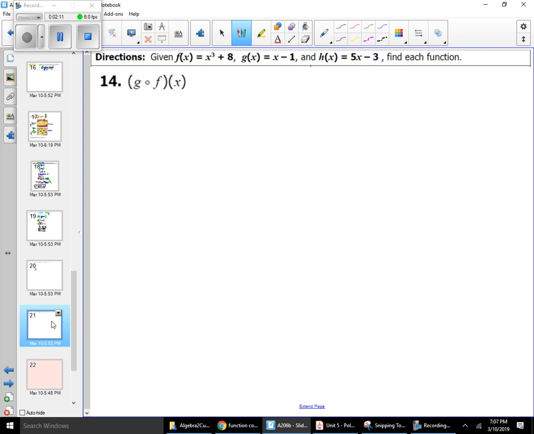So g is our green function this time around. We'll go ahead and let f be our blue function this time. So what that is asking us to do is take g and substitute f into it.